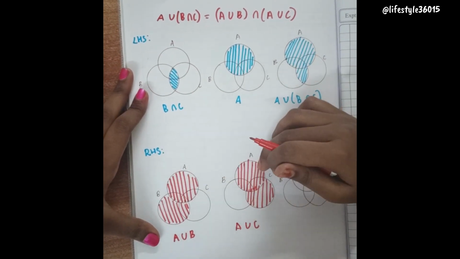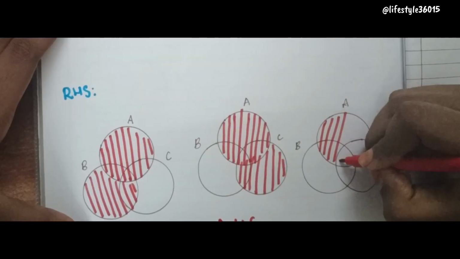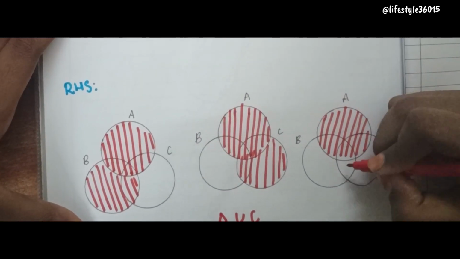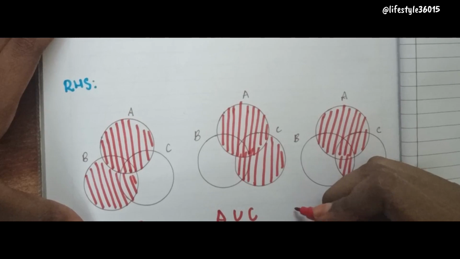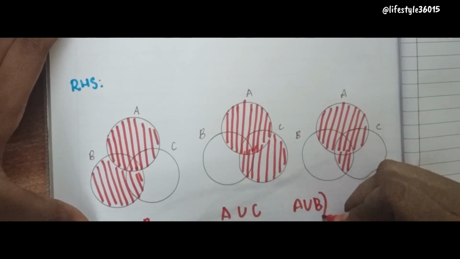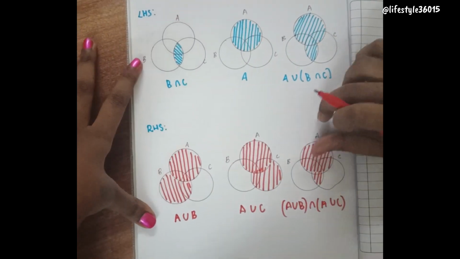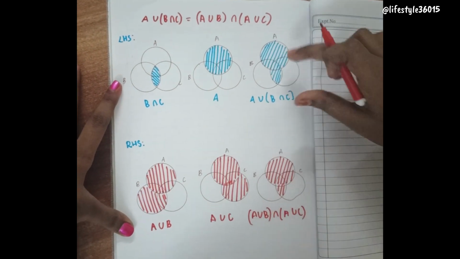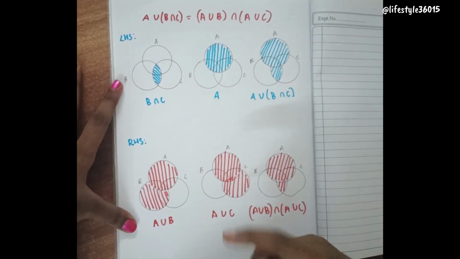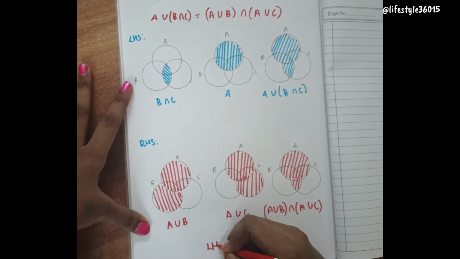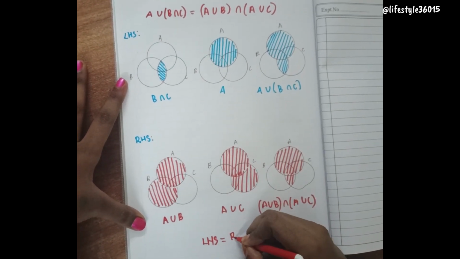What is the common region for both the Venn diagrams? This is A union B intersection A union C. Now compare the LHS and RHS. We got the same diagram. Therefore, we have visualized LHS is equal to RHS.